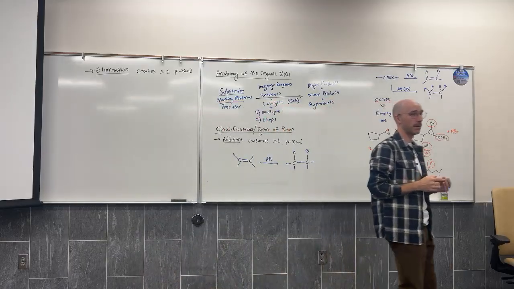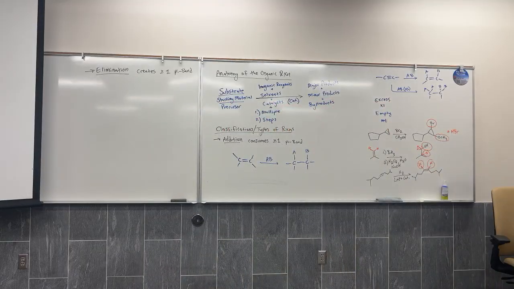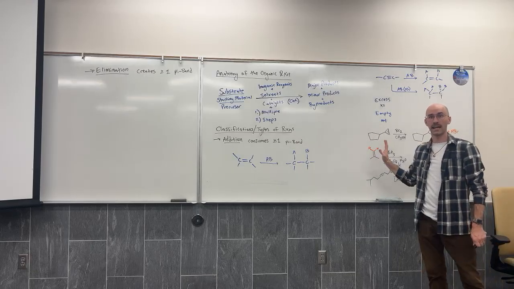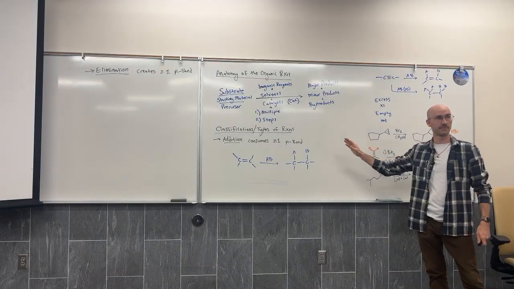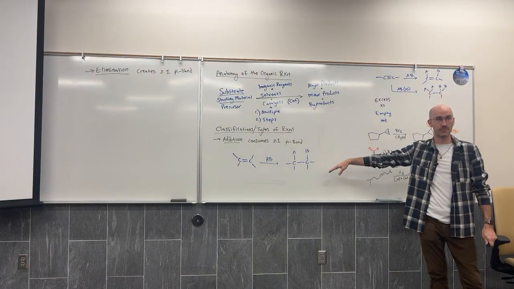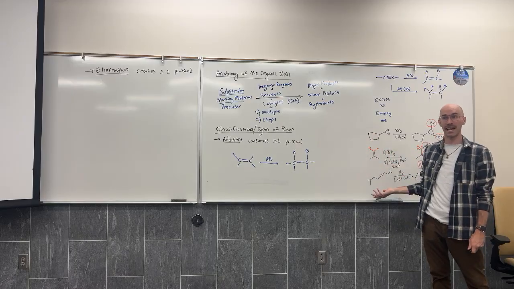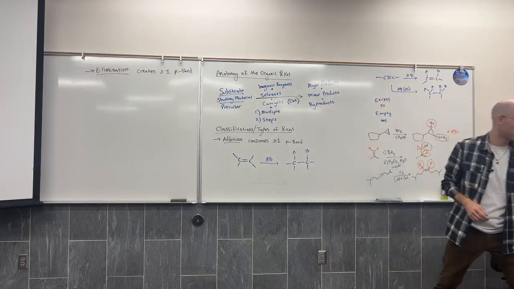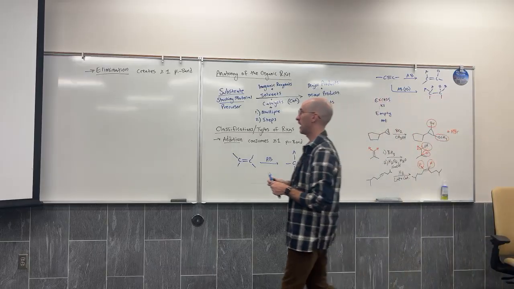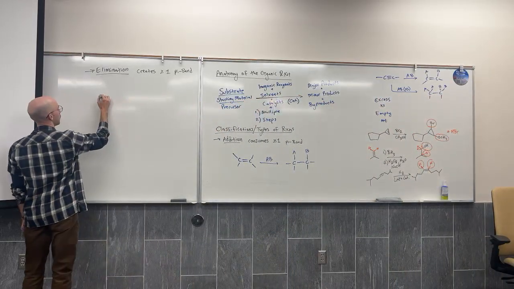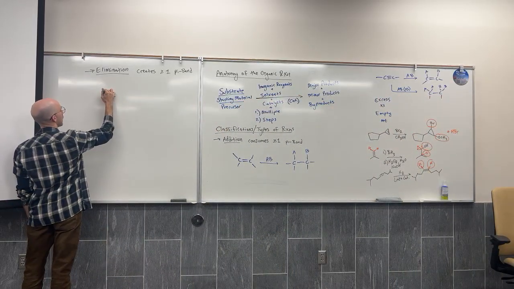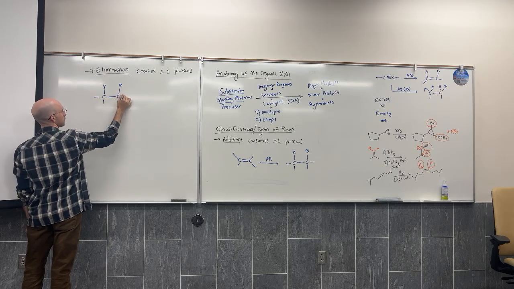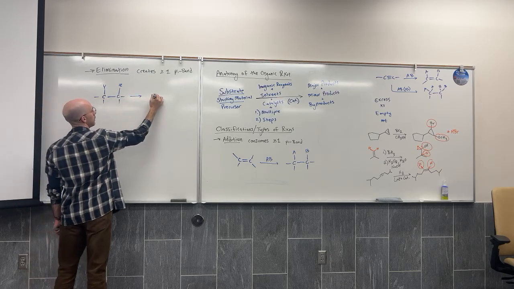You guys remember that pi bonds are degrees of unsaturation? So by doing addition, I am saturating. I must have lacked some saturation because I have places to add groups. Elimination is the opposite. Elimination unsaturates a compound. So here I'm going to say Y and Z on opposite carbons.